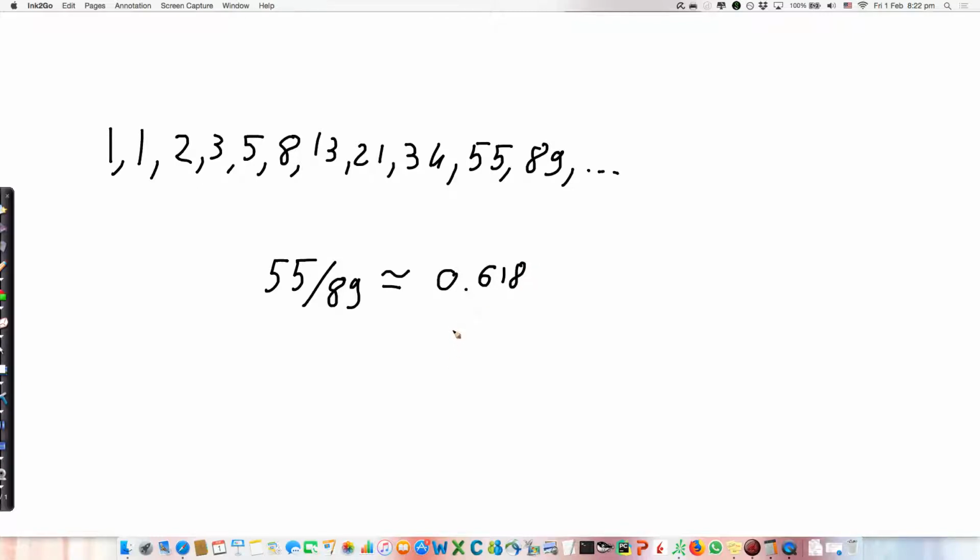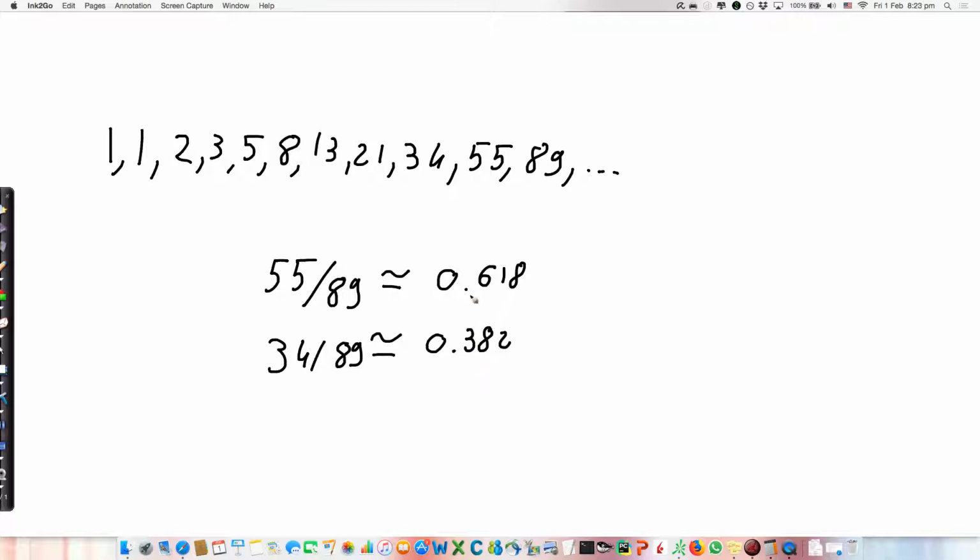Okay? And if you take a number and you divide it by the number that you find two places after that, so for example 34 over 89, so two places after, you get something around this.